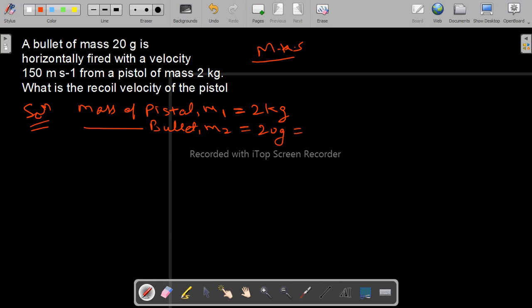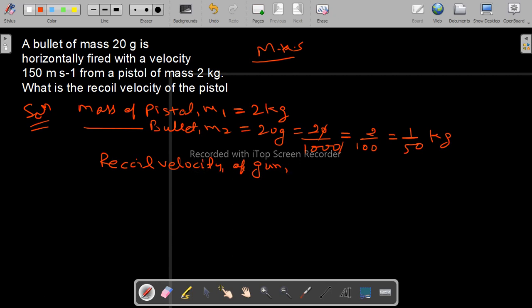We need to convert it into kilograms, so we divide by 1000. The 0 will cancel out, and this is 2 by 100, which is 1 by 50, that is 0.02 kg. Now we have to find the required velocity of the pistol, that is the backward velocity, and we take it as v1, the required velocity of the gun.